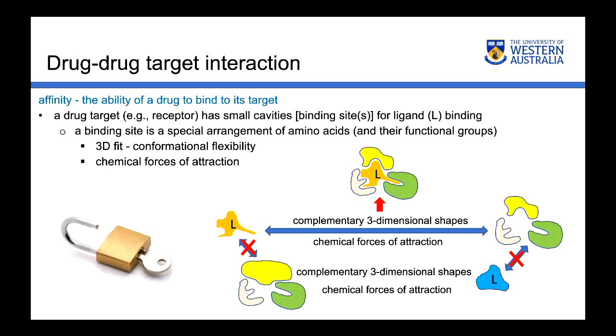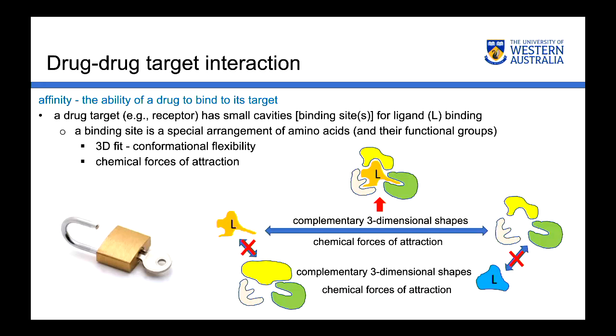So the orientation, the charge, and so on, the chemical attraction will determine how well a drug binds to a target. Now, different drugs may bind to the same target, but it depends on the chemical force of attraction. One drug can bind to the same target better than the other, and therefore we say the drug has higher affinity than the other drug and binds to the target more strongly.